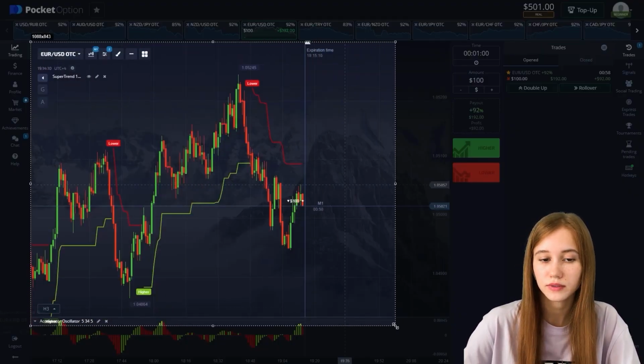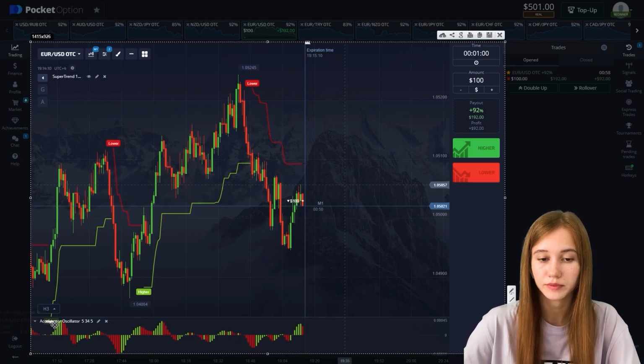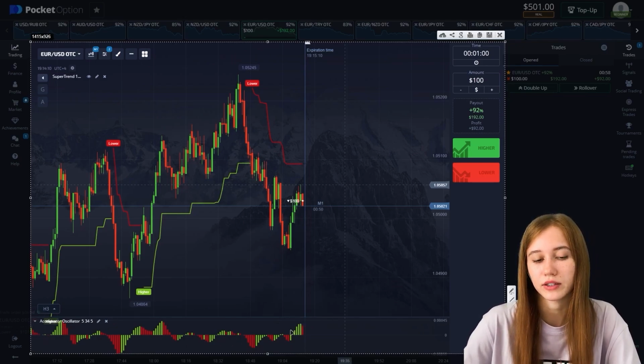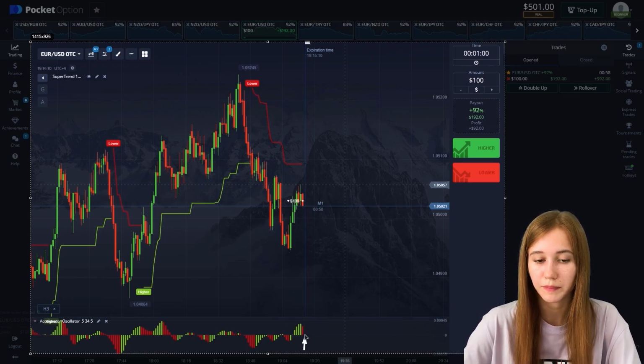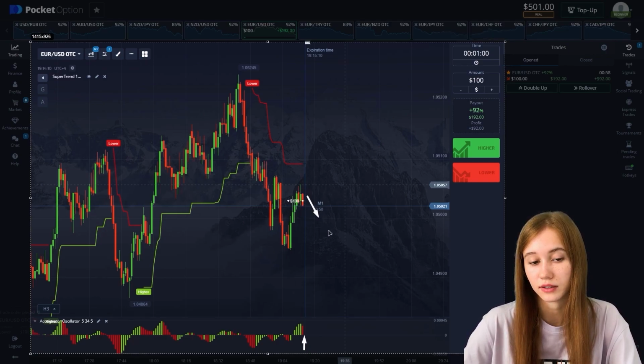So first, a look at the oscillator. The oscillator showed a growing trend. Then there was a slight adjustment and a fall. But we don't have 100% confirmation. We need 2 red bars to form. And then this will be confirmation that the trend is declining.